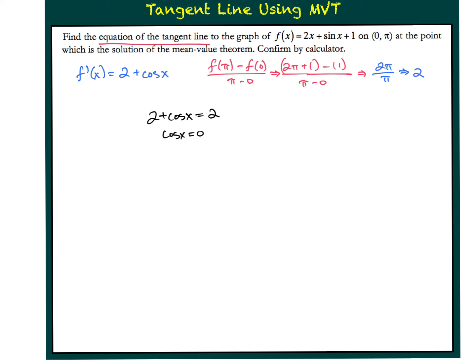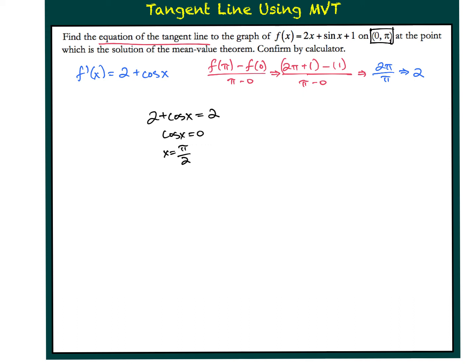When does cosine give me 0? Pi over 2, and 3 pi over 2, and 5 pi over 2. But why do I not need all those? They're not on my interval. I want my interval 0 to pi. So it's not the point yet. It's the x value at which I have a solution to the mean value theorem.